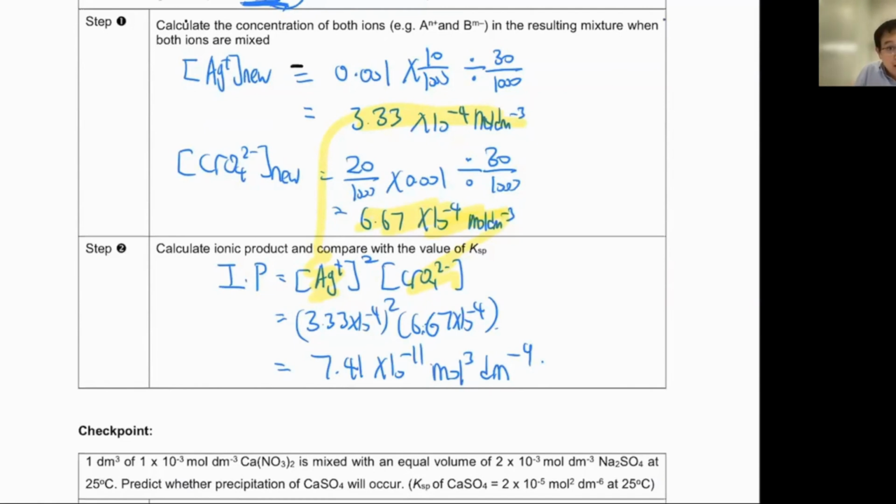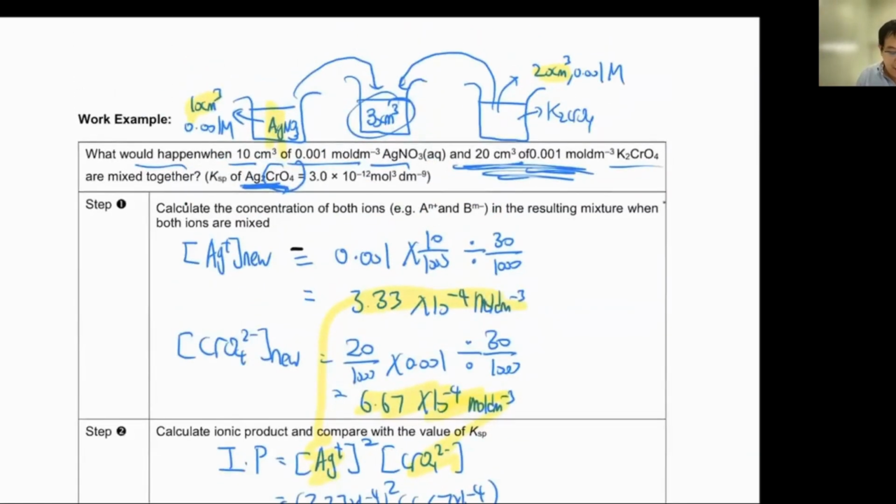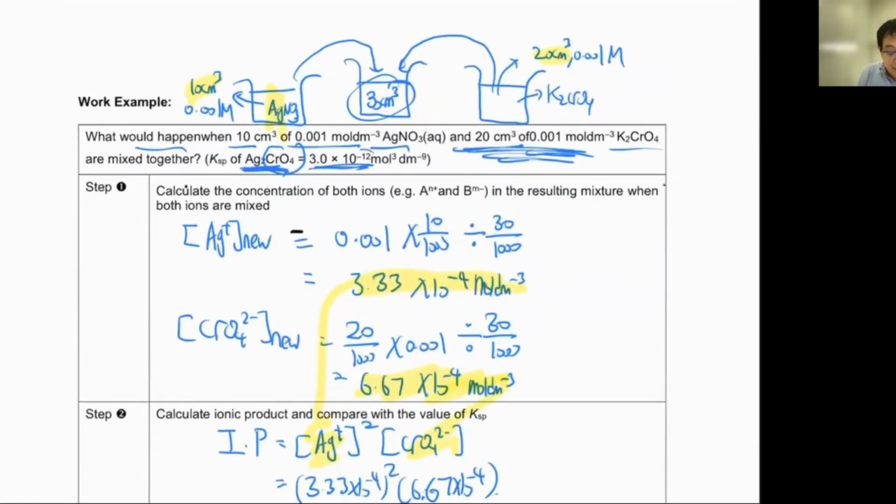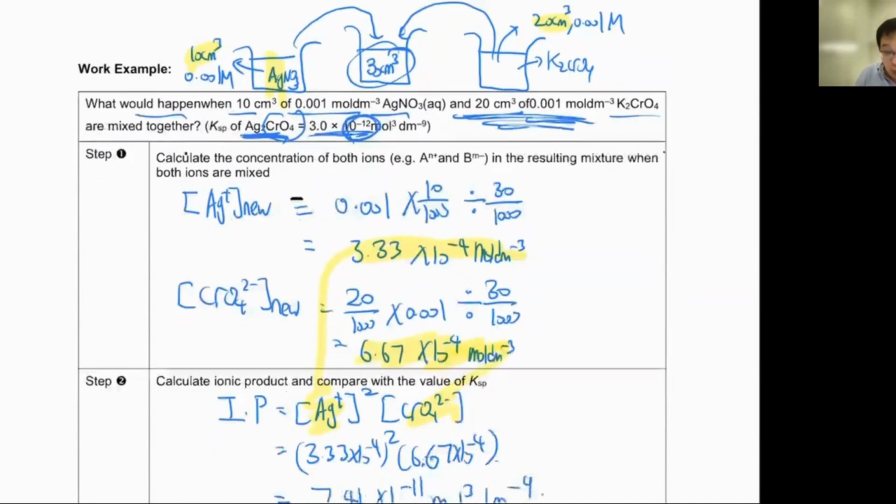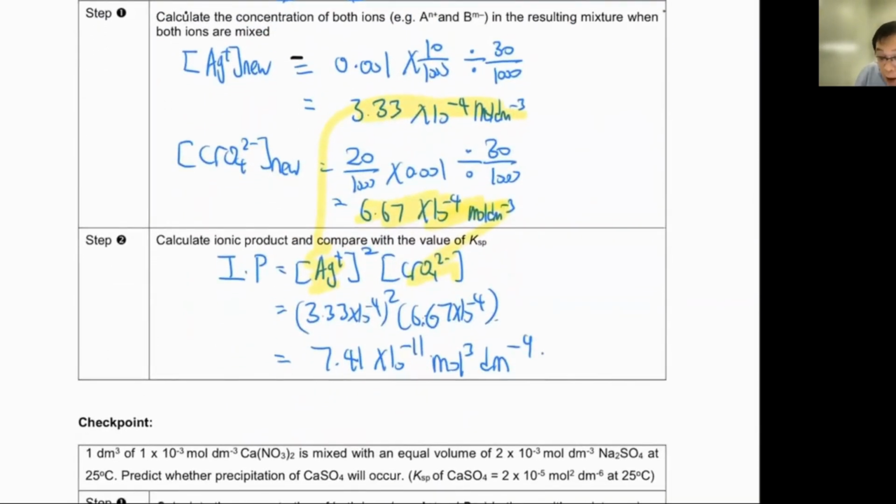Equal means saturated. Less than means no precipitation. So let's see. My KSP value is 5.0 times 10 to the power of minus 12. Wow, this is more than KSP. Hence, Ag2CrO4 will precipitate. That's the key.